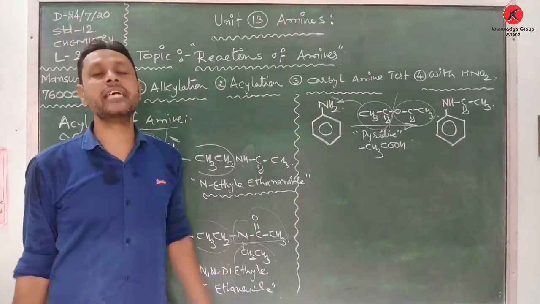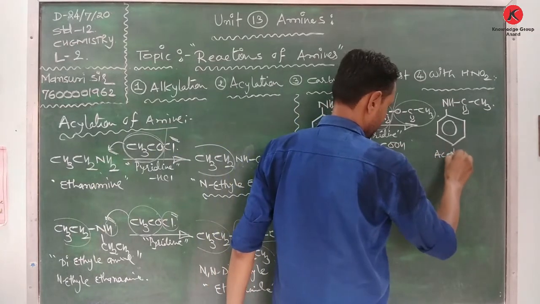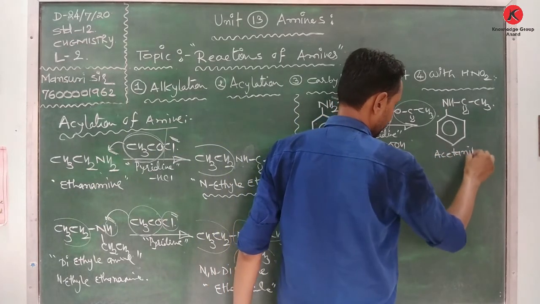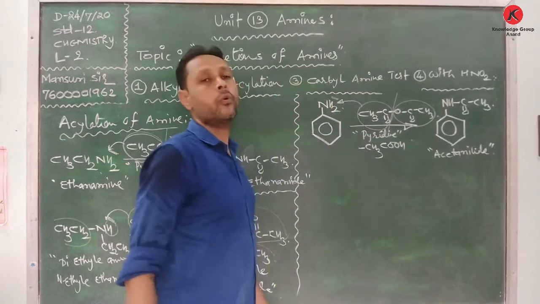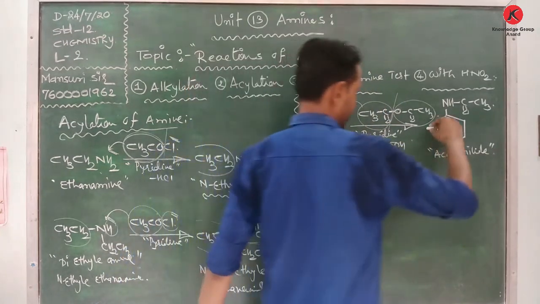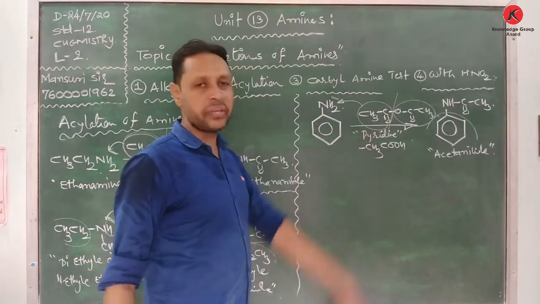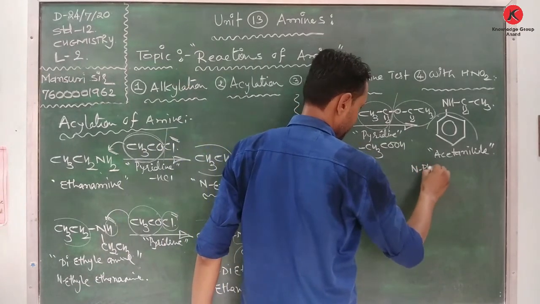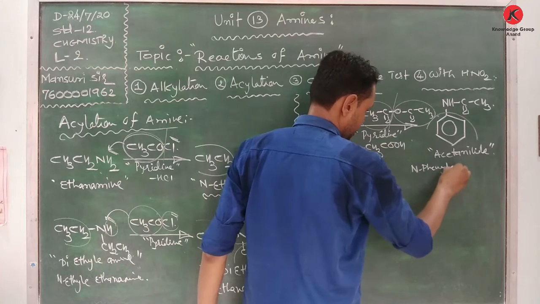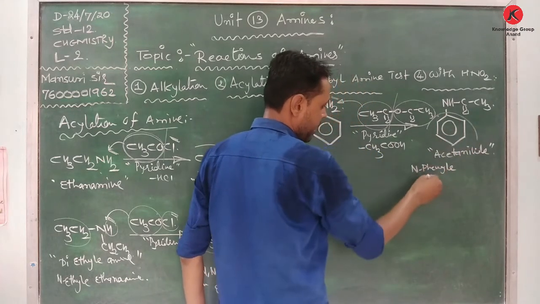This is acetanilide. Now, what is the IUPAC name? Phenyl is attached with the nitrogen, so it will be named N-phenyl ethanamide.